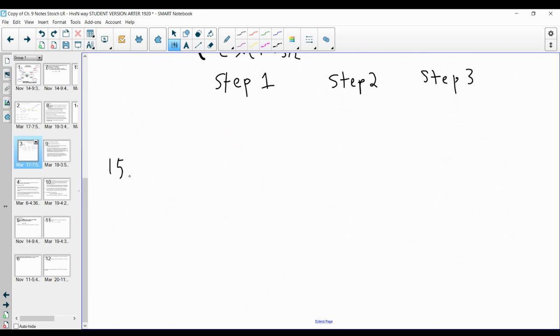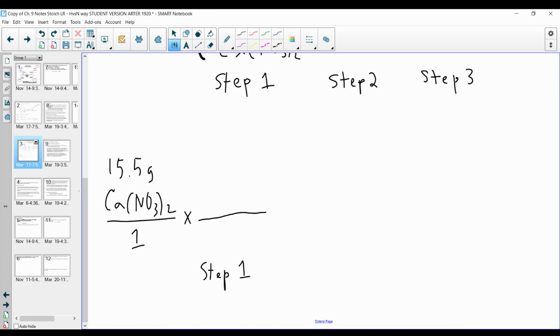Our given is going to be the same: 15.5 grams of the calcium nitrate over 1. And our step 1 is still also the same. We want to get ourselves to moles.